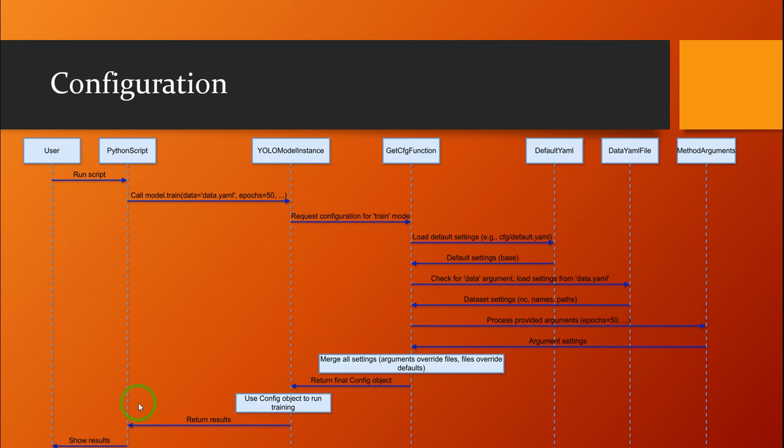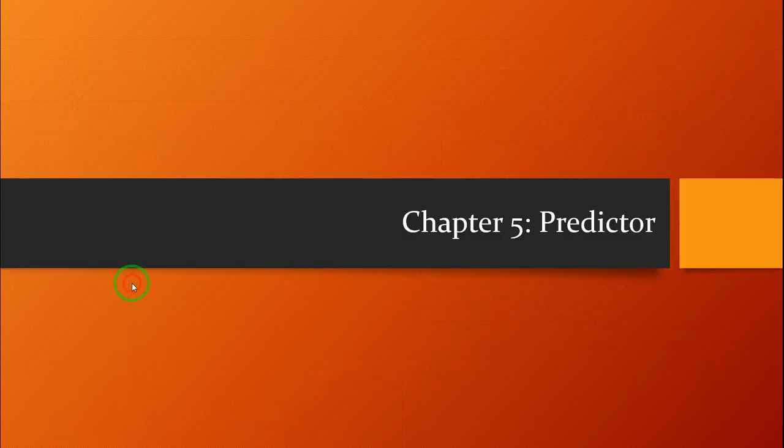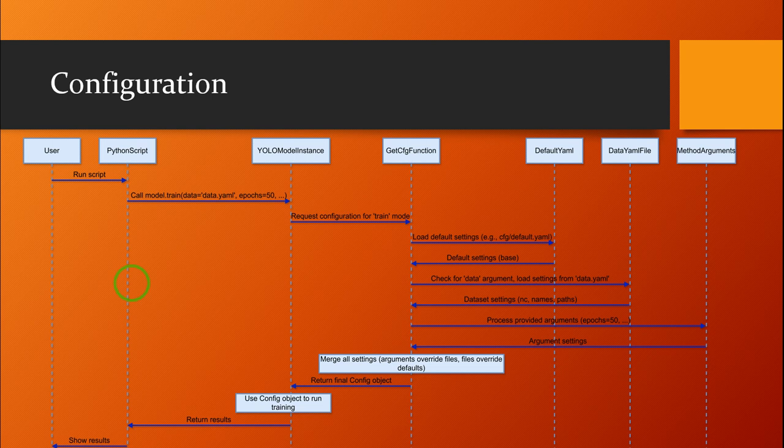In this chapter, we learned that configuration is the system Ultralytics uses to manage all the settings and hyperparameters. We talked about how hyperparameters and settings for various tasks like training, validation, and prediction are managed by this configuration.